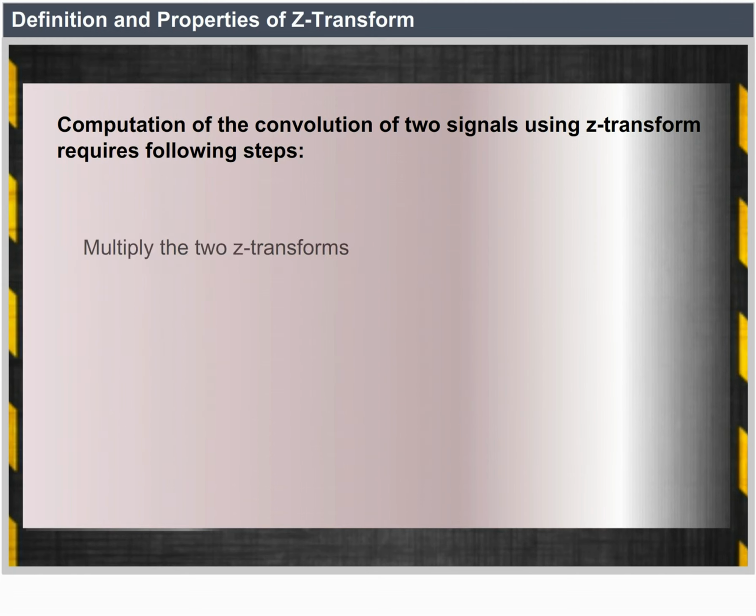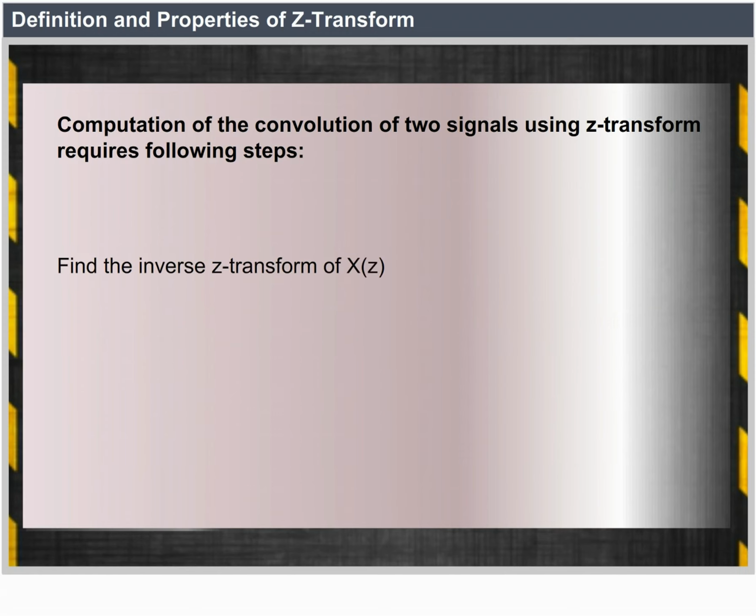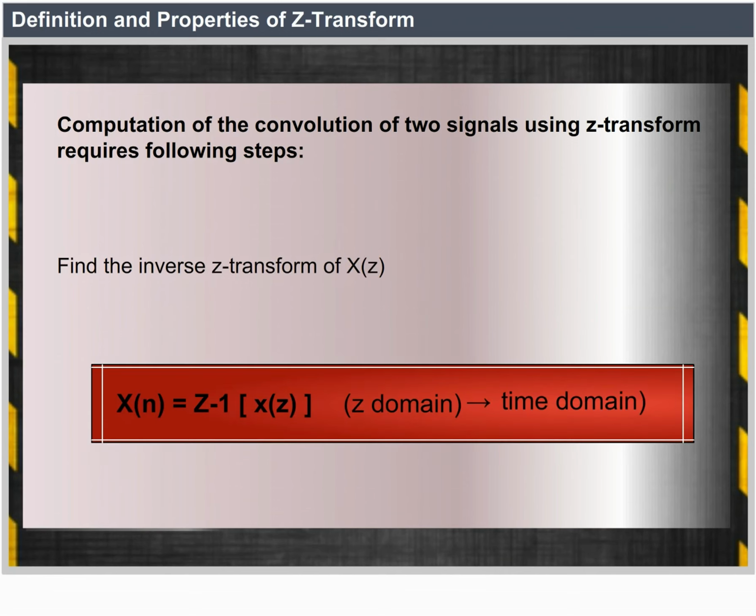Multiply the two Z transforms: X of z equal to X1 of z into X2 of z, where the domain is z. Find the inverse Z transform of X of z: x of n equal to Z inverse of X of z, where the domain is converted to the time domain.